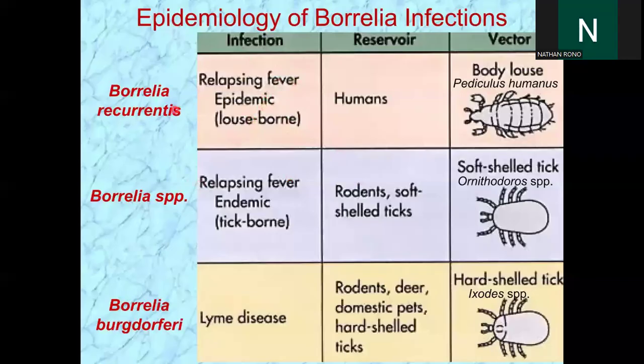This is louse-borne recurrentis, and then this is tick-borne Borrelia species. We call it SPP or species. So here, the fevers are coming and going. You know, to relapse means to come back. So it was gone, then it came back.